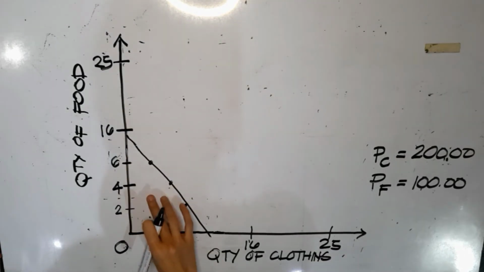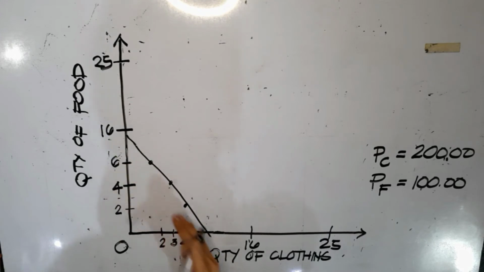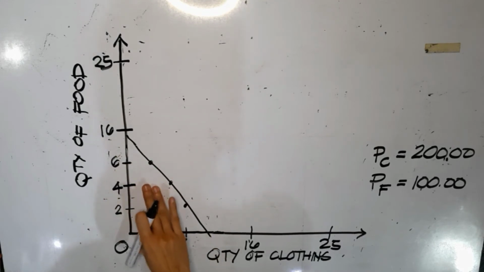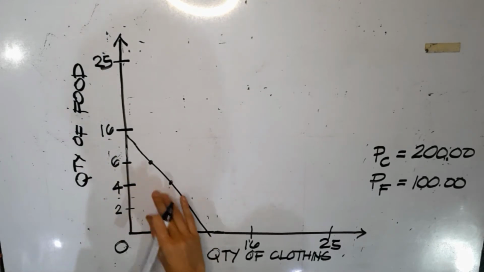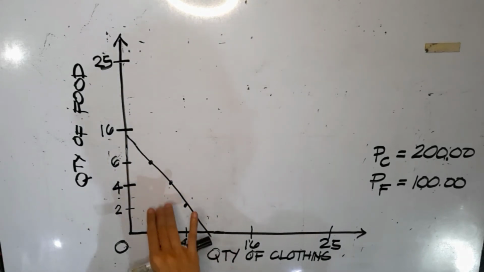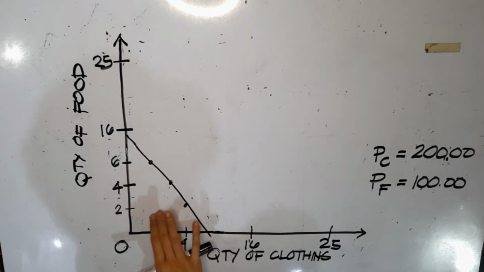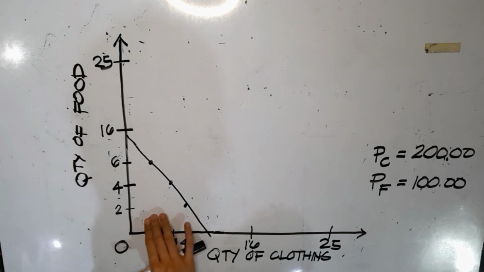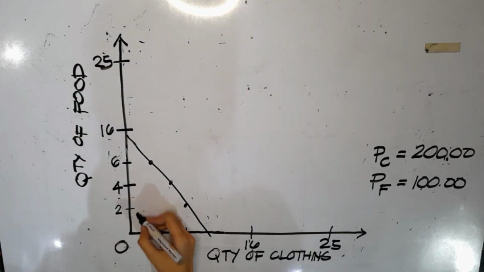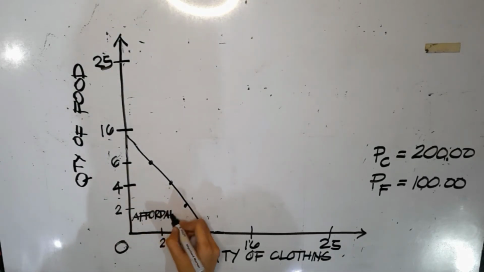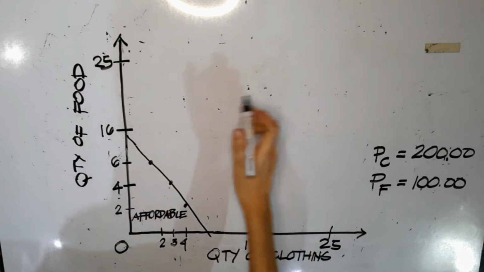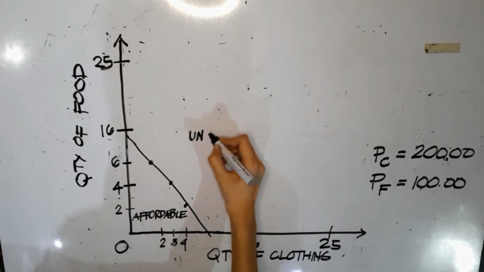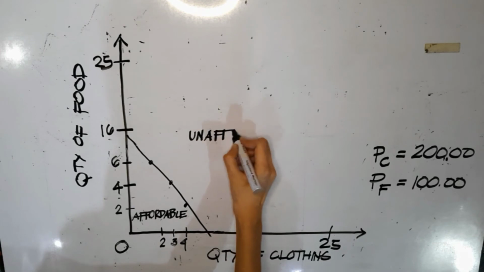And what's below this curve is within your budget. So, what's below this line is affordable. And this right here is unaffordable.